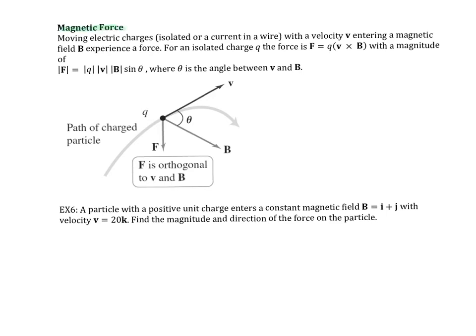So we're looking at a moving electric charge. So it's either going to be isolated like some electron, or it's going to be some current flowing through a wire. Okay? So this electric charge has a velocity v. When it enters a magnetic field, we'll call the magnetic field B. Okay? So it's going to experience some sort of force.